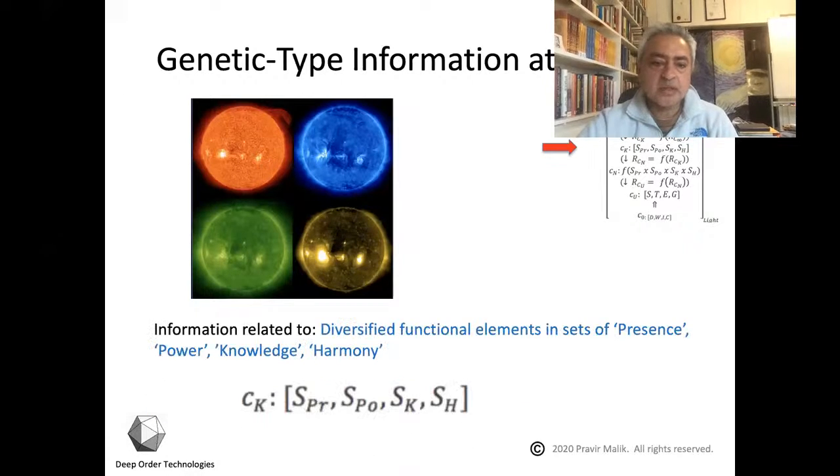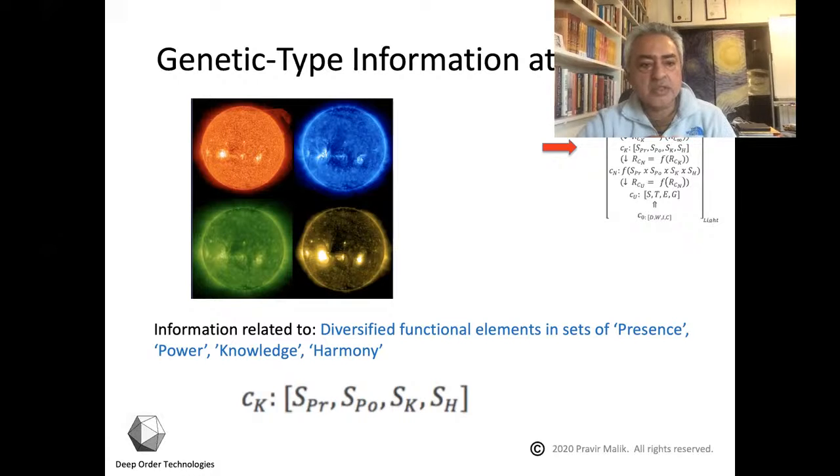And what can we expect at this layer? Since this quantization is occurring, we can think of those initial properties of presence, power, knowledge, and harmony as materializing further or displaying some richness of what each of them stand for.